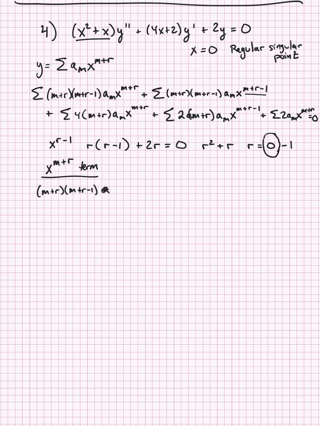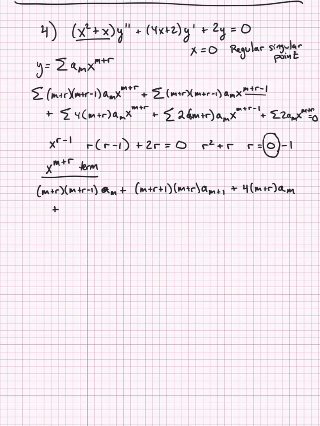The second term is (m plus r plus 1)(m plus r) a_(m plus 1). Then we have plus 4 times (m plus r) a_m.